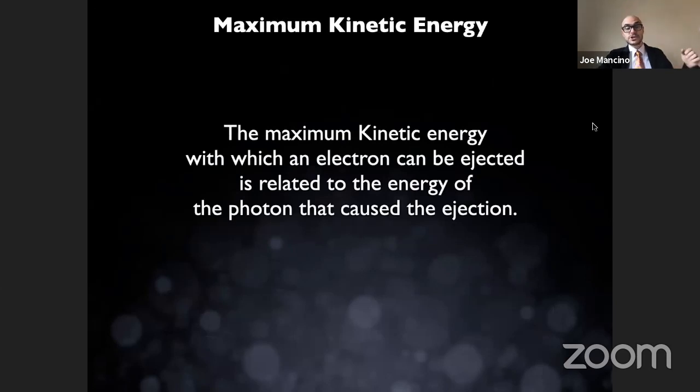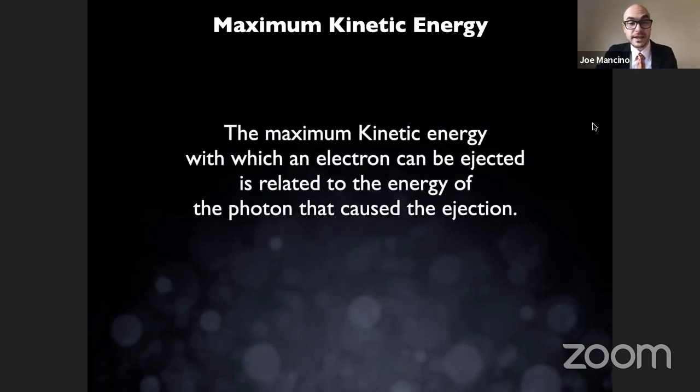So we shine light on a material and an electron comes off. Well, coming off means the electron has some kinetic energy. And the maximum kinetic energy with which that electron can be ejected, well, we follow the conservation of energy. It's related to how much energy the photon brings in and how much is left over after the photon has done the work function.